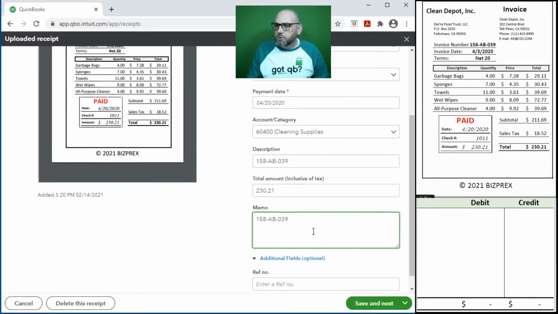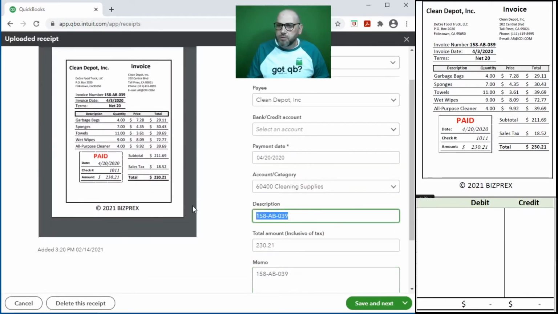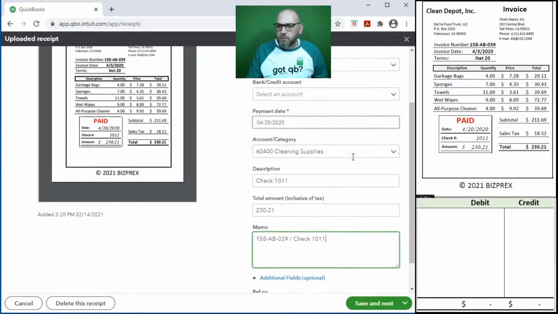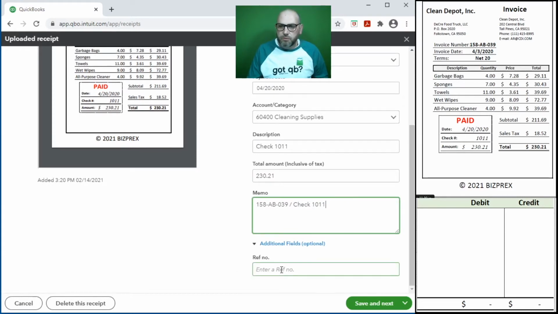This one we're using check, so let's put a check number in the description. And just again, it's important to make sure we have information wherever possible. We can also put it in reference number, doesn't hurt, because again, it will help us to identify it during reconciliation and any other research that we do.